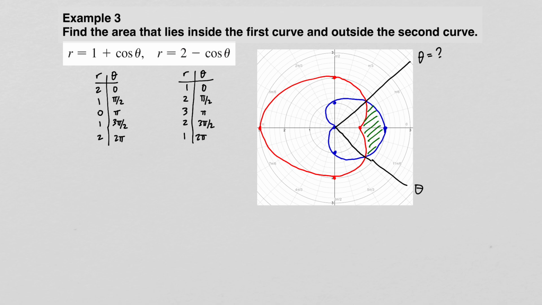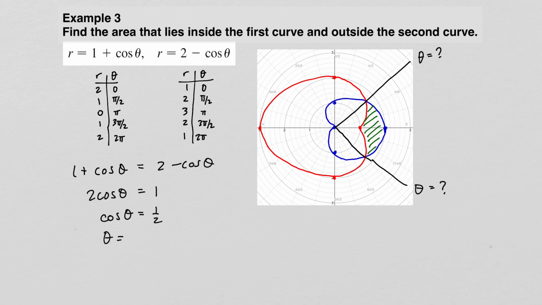And of course, we can't just look at my graph to determine this, because my graph is not an exact picture. What we need to do is take these two curves, r equals 1 plus cosine of theta and r equals 2 minus cosine of theta, and set them equal to each other. If we do that, we end up getting 2 cosine of theta is equal to 1, or cosine of theta is equal to 1/2.